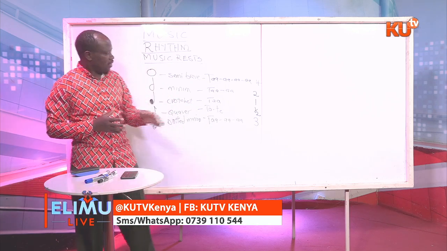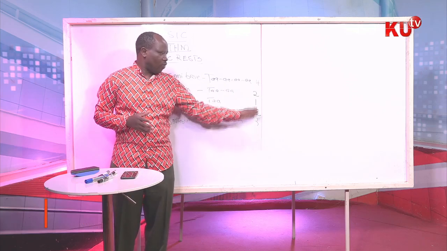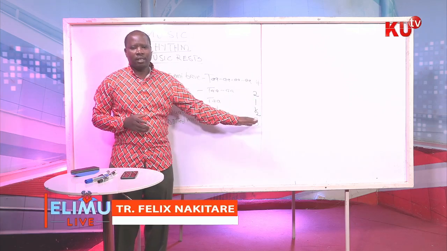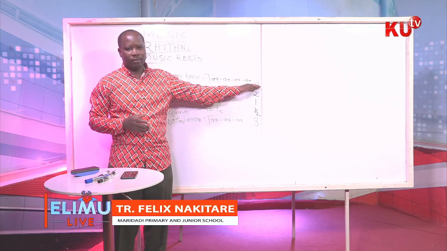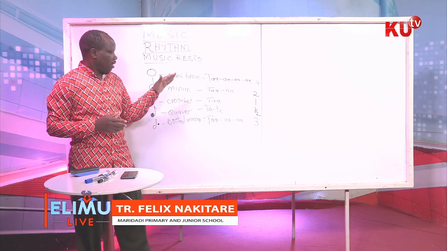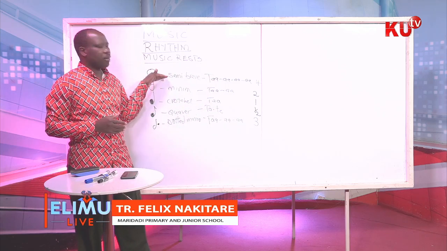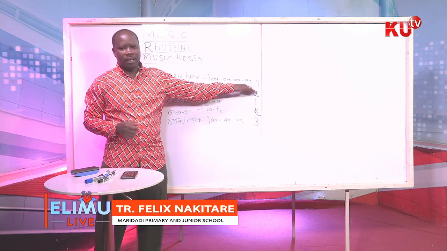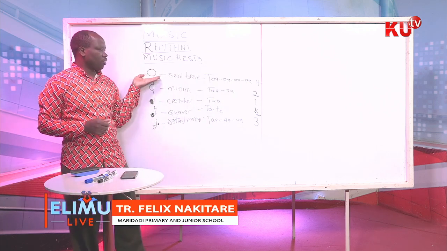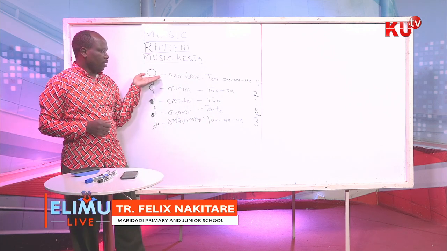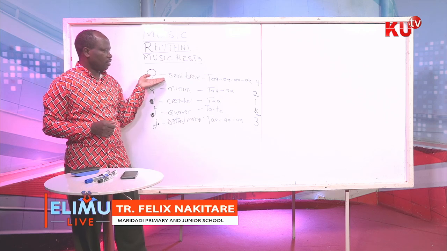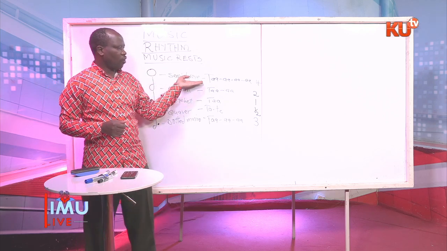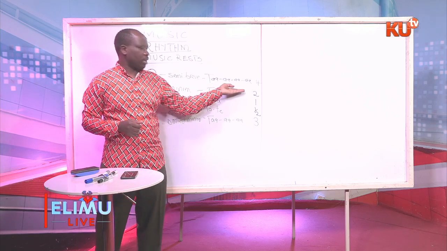And I said these beats, or the value of each of the notes, is very important. Why? If I take a music rest for a semi-breve, in semi-breve we have 4 beats. If I use the semi-breve note, I have 4 beats that I pronounce.